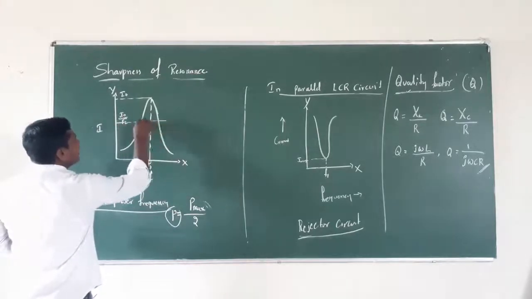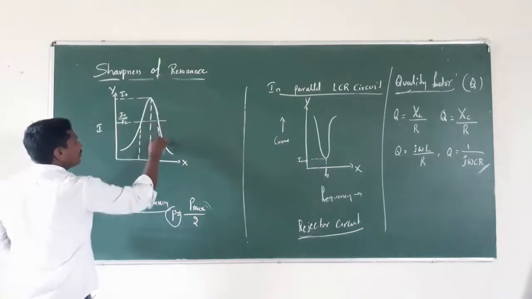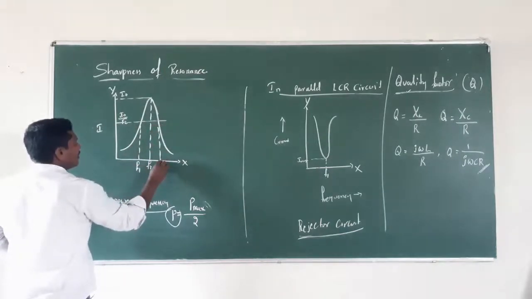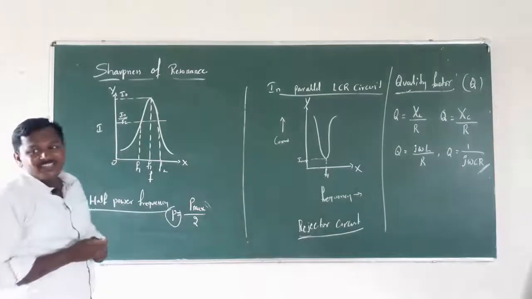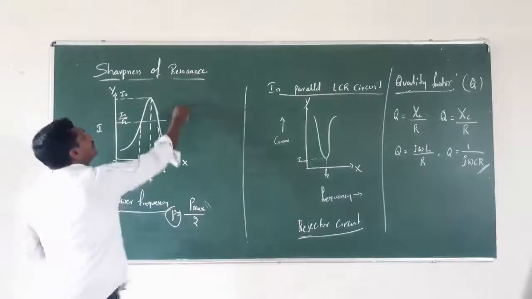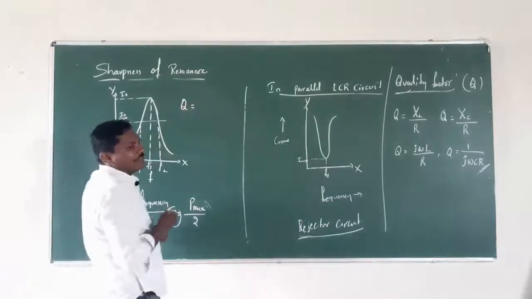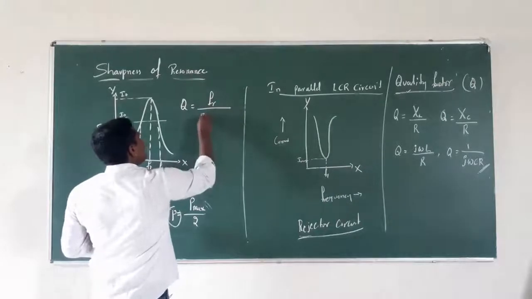Therefore if we cut this resonance curve, we are going to get two values, that is f1 and f2. So based on this, the quality factor can also be defined as the ratio of the resonant frequency to the bandwidth.